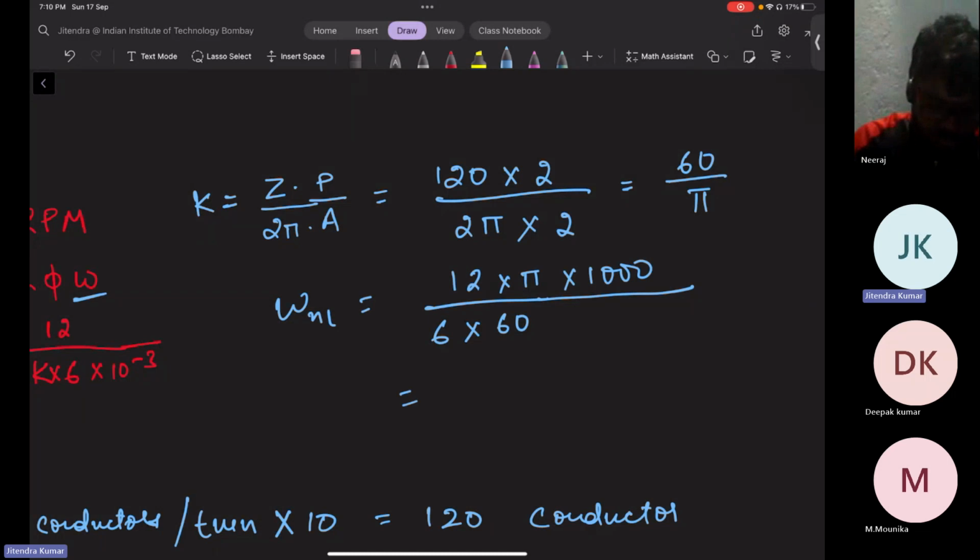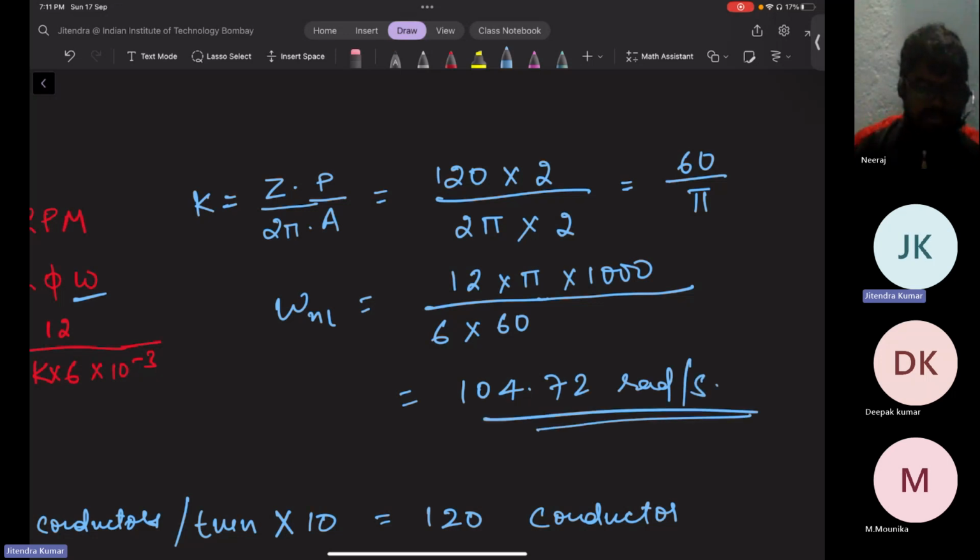So it will come out to be 104.72 radian per second.